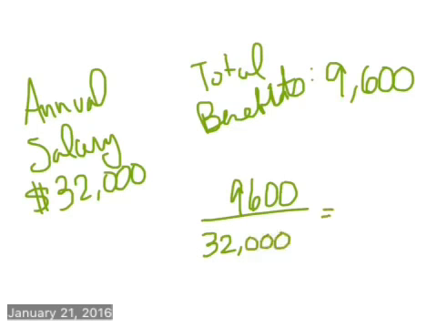When I type it into the calculator, using the calculators up here at the front of the desk, 9,600 divided by 32,000 is 0.3. For percent, it's got to go 2 places to the right, so that is 30%. So if I make $32,000 a year and my total benefit package is $9,600, that means 30% of what I make is going towards my benefits, which is a pretty good number.